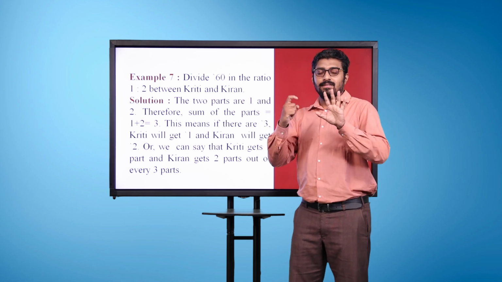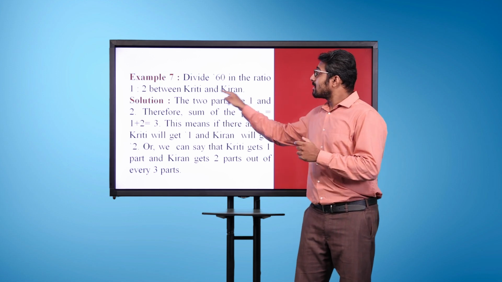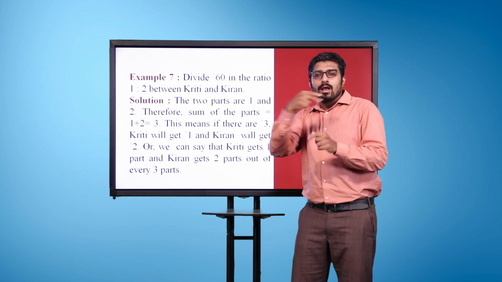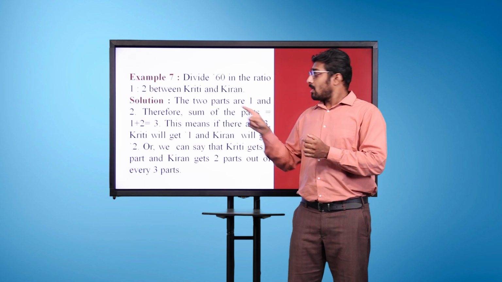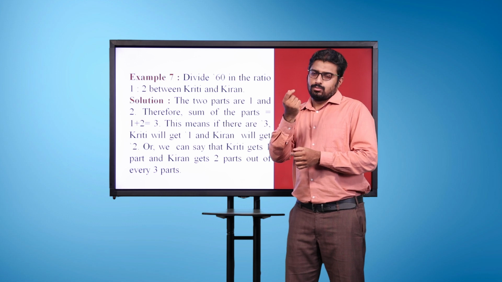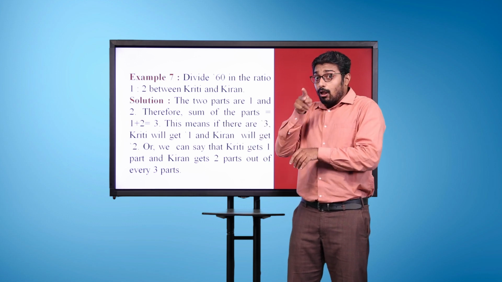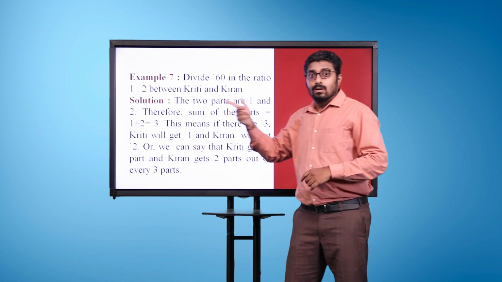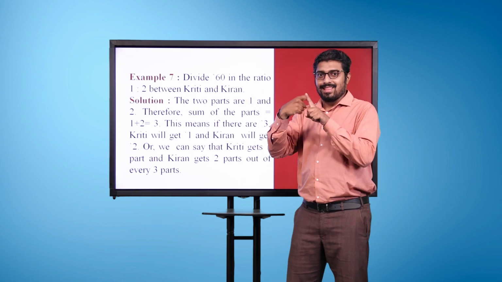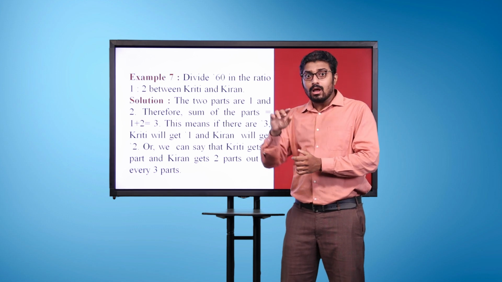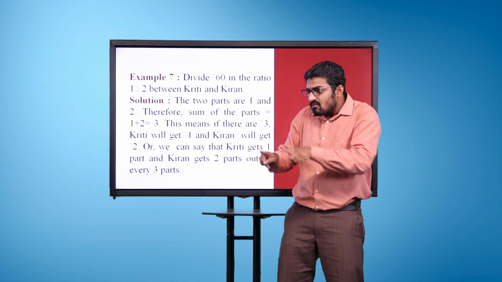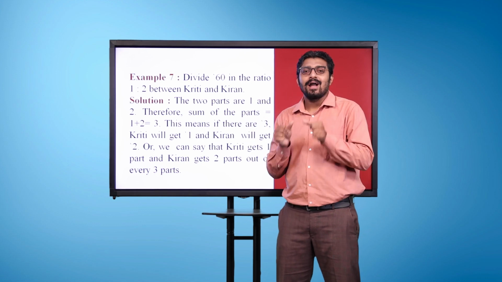Example 7. Divide 60 rupees in the ratio 1:2 between Kriti and Kiran. Solution.